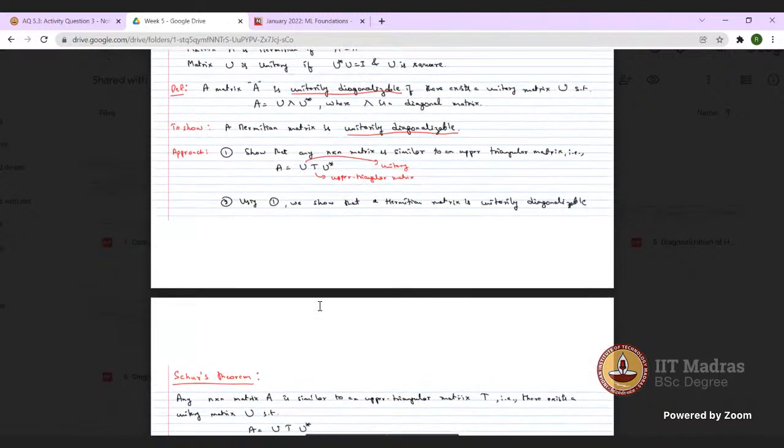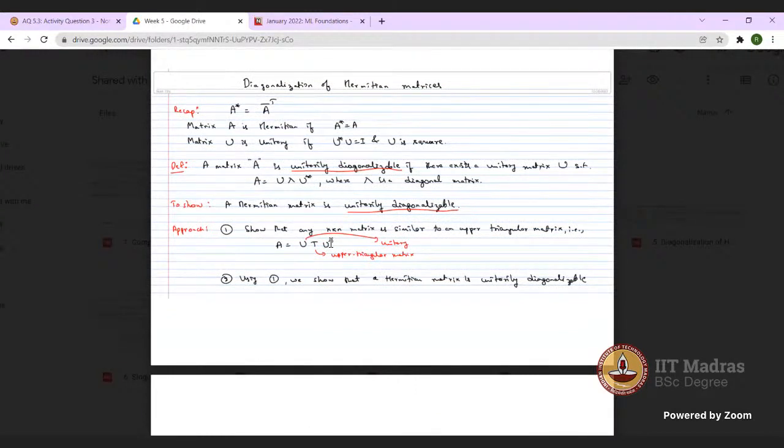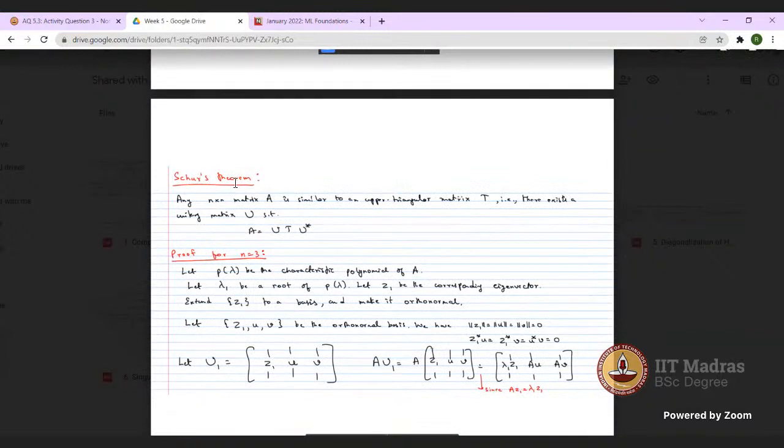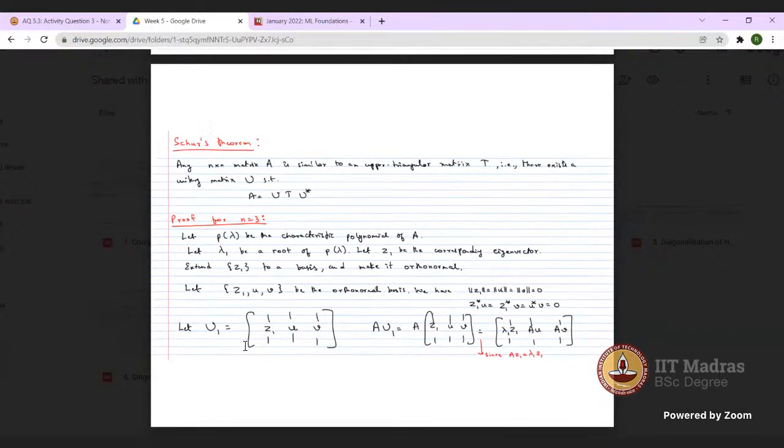So A equals U T U star, irrespective of what A is, whether it is a Hermitian matrix or not. That is just Schur's theorem.